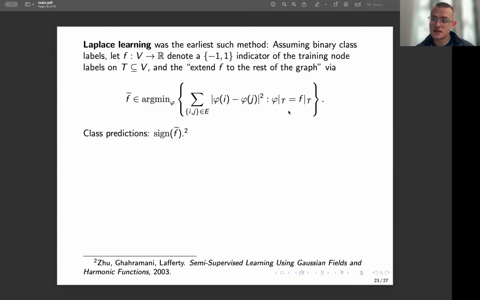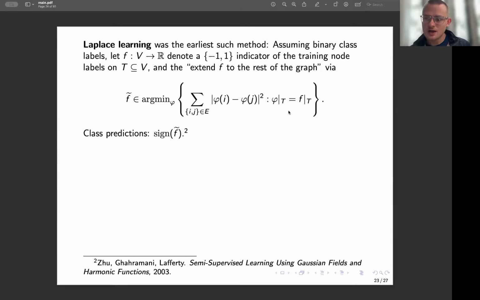So on the original set, it's going to agree completely with your training data. And then as you get beyond your original set and into the rest of the graph, you will witness a smooth interpolation of your training labels. And this particular program, as I've mentioned a few times throughout, can be related quite precisely to the random walk on the graph.